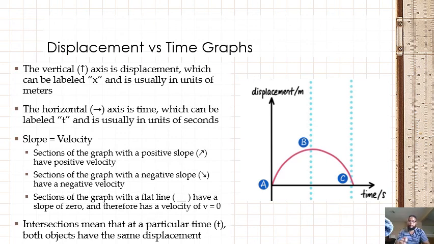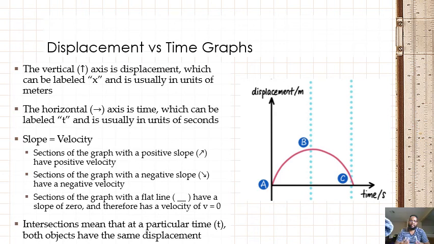So slope equals velocity. Sections of the graph with a positive slope going up, like point A, have a positive velocity.